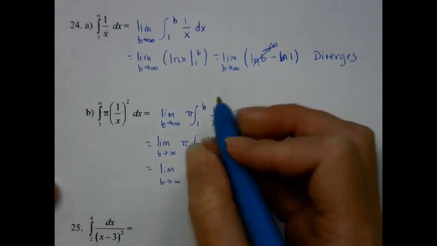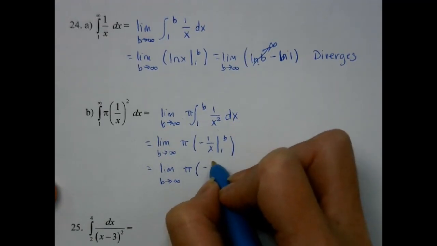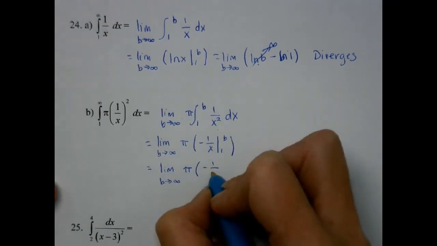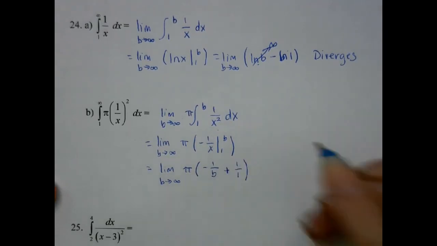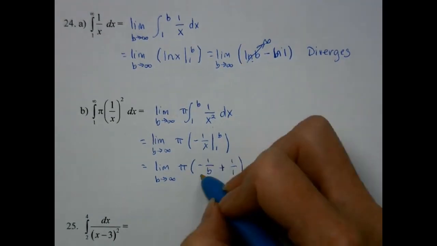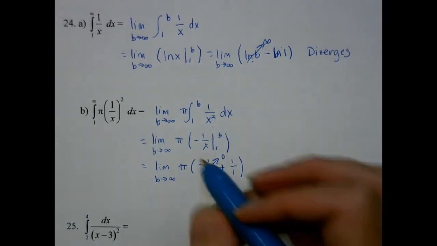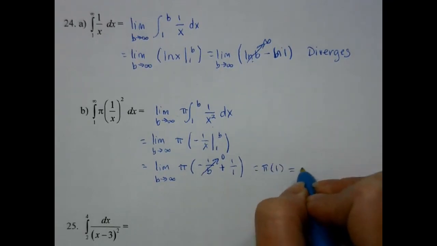So we're going to have pi times, I'm going to plug in b, so negative 1 over b minus negative 1 over 1. Well, as b goes to infinity, this is going to go to 0. So we're going to have pi times 1, or just pi.